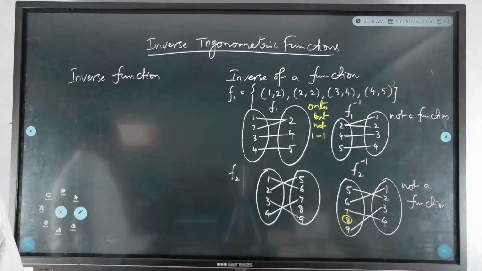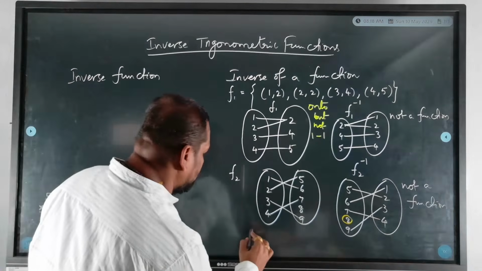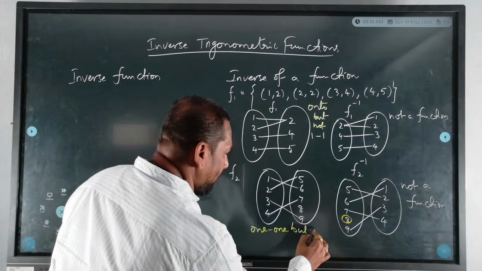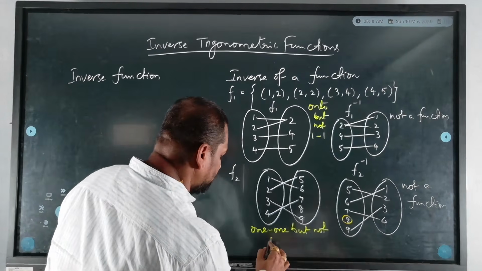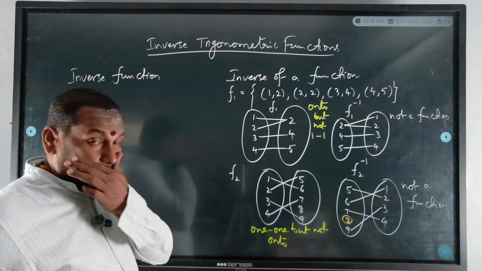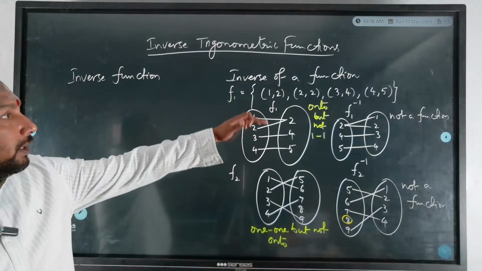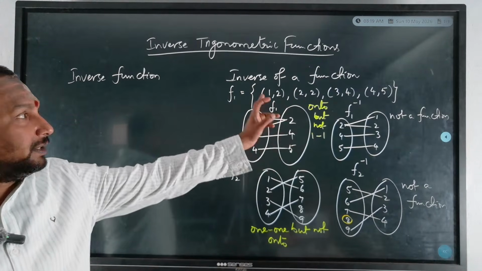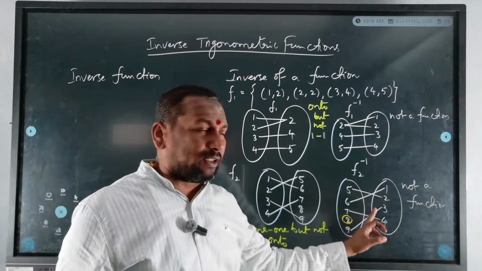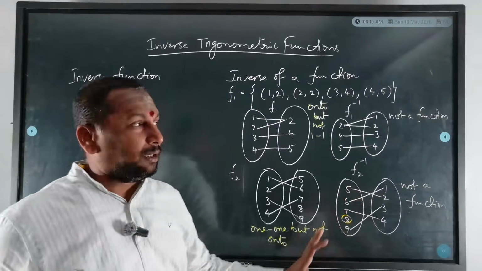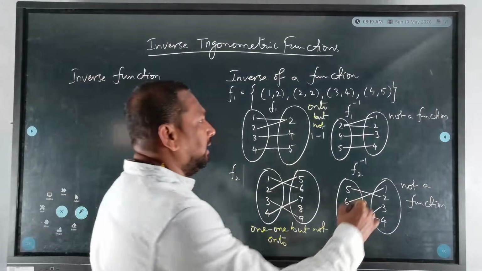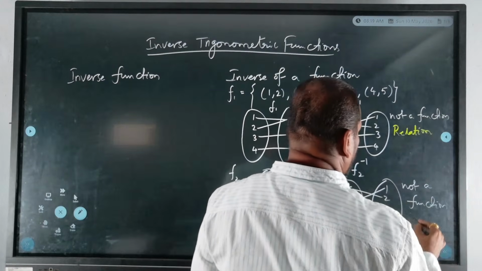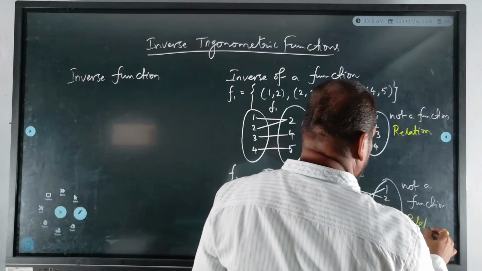Onto but not 1-1. This is 1-1 but not onto. So these two inverses are not functions. This is the inverse of f1, this is the inverse of f2, but they are not functions. They are only relations, not functions.